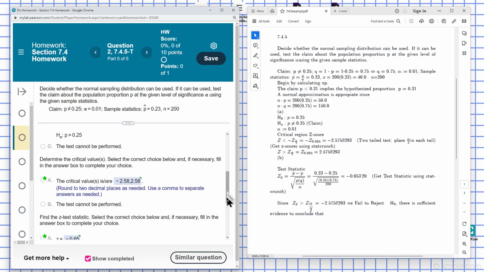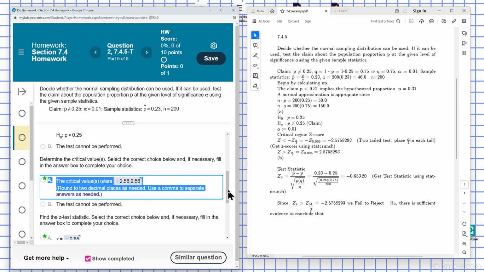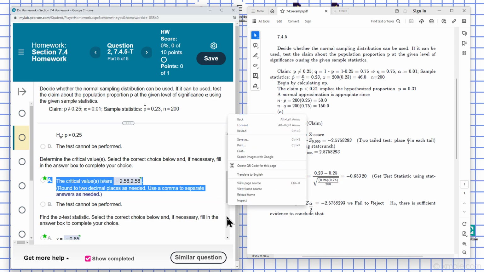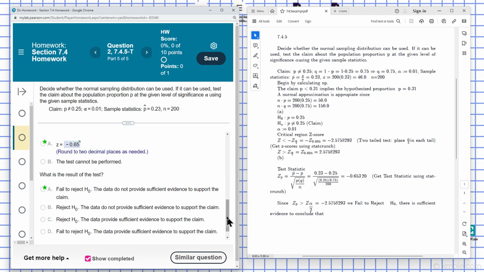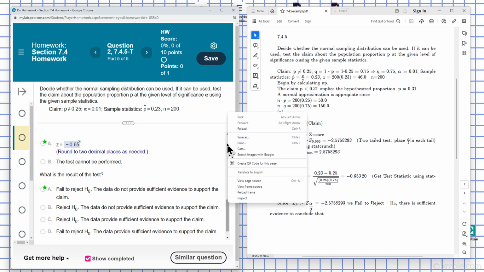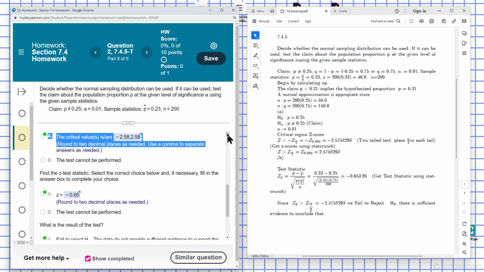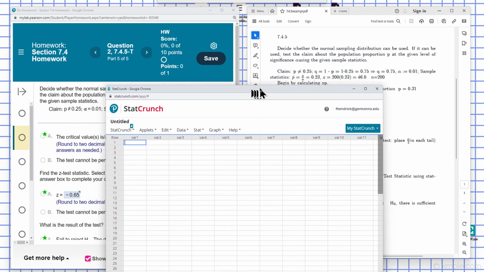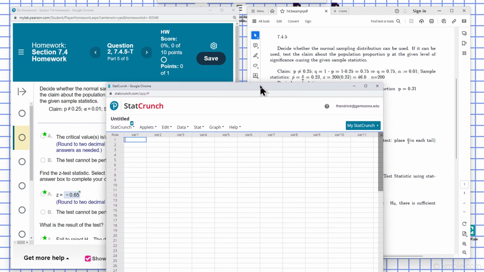And then they ask us to find the z-test statistic. You can find that using StatCrunch as well. In this case, our x is 46 and our n is 200.